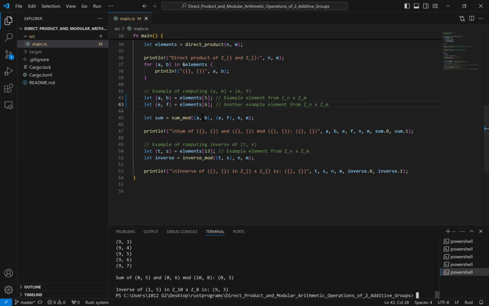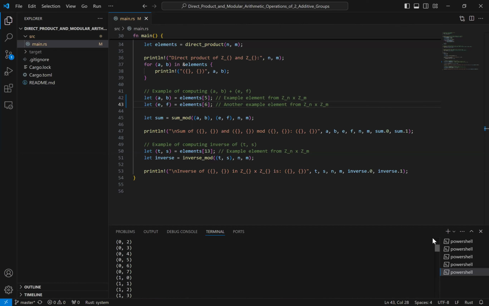Says what? Says, oh, the 5th element is 0, 5, and the 6th element is 0, 6. 0, 5, 0, 6, the 5th and 6th element respectively. 1, 2, 3, 4, 5, 6. Which one is the first and the 6th element?